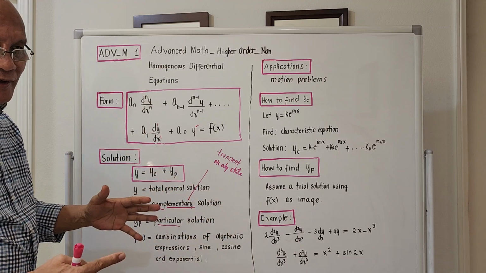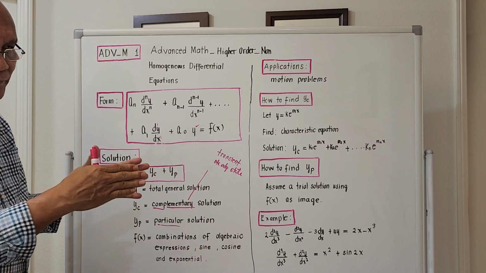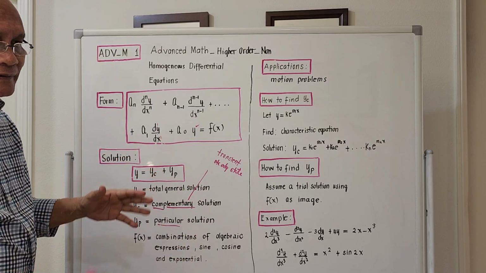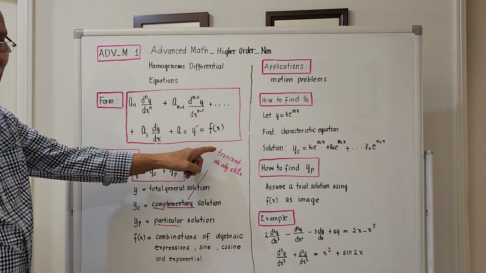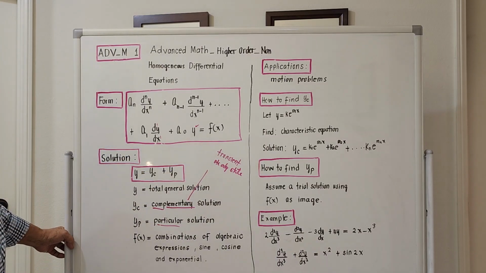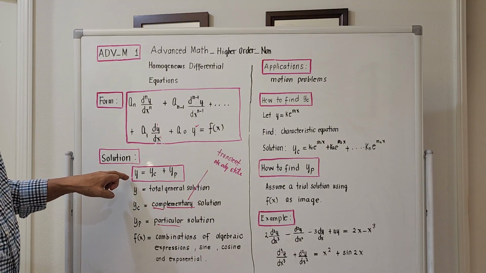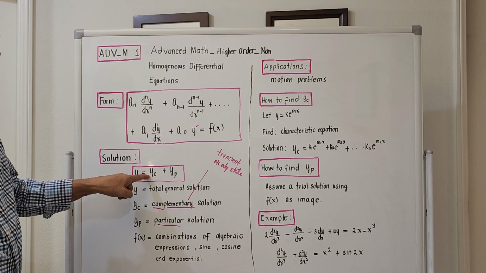But for the transient, for a certain time, there is a value, then after so many seconds, maybe it's gone. Or that is the so-called transient solution. Total general solution is actually complementary plus particular.